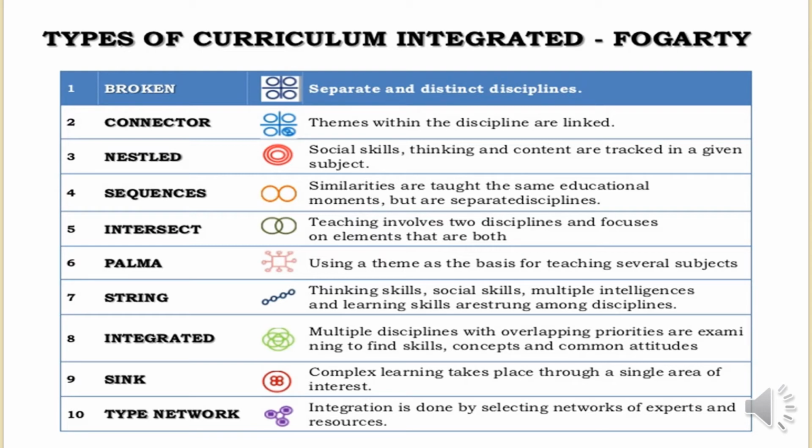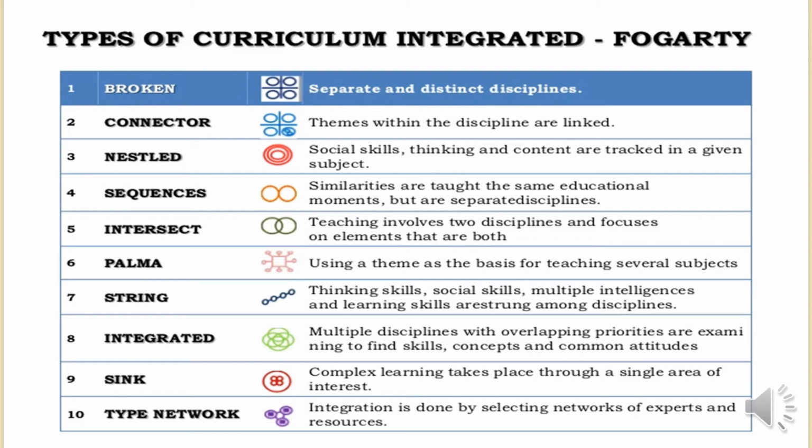In this nested curricula, what they try to focus on is skills. So they try to integrate a series of different skills that students should acquire through the integration of the lesson that will be delivered.